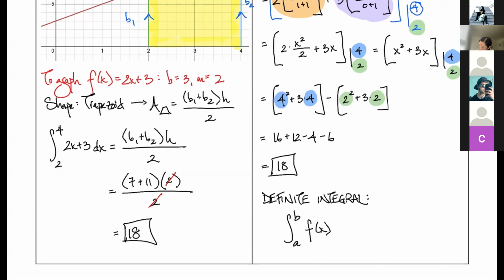So let's just call this f of x. And what am I missing from my notation here? We're missing the dx.